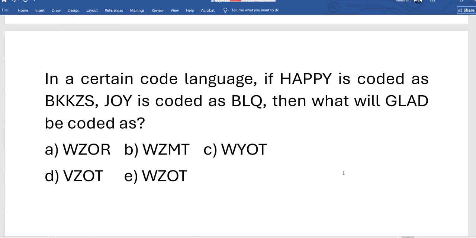Now what about this coding and decoding? Happy is coded as BKKZS, joy is BLQ. Glad would be coded as what?